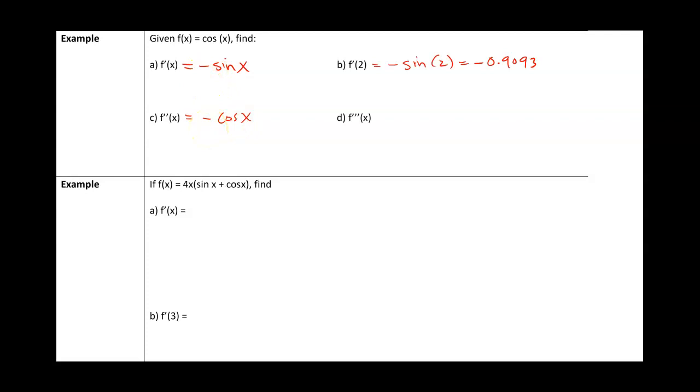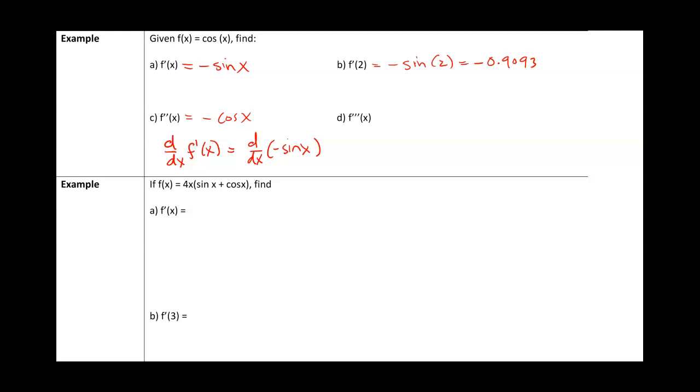So f prime of x equals negative sine of x, and its derivative is negative cos x.